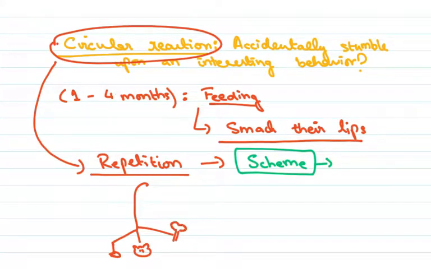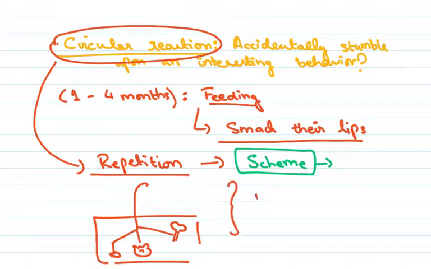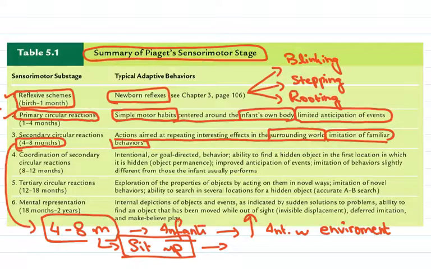So a child might learn that if they hit at these objects, this whole thing moves, and they begin to repeat this action. So they tend to repeat familiar behaviors. They're not yet at that stage where they're repeating unfamiliar behaviors. That is something you get more of as they get older.